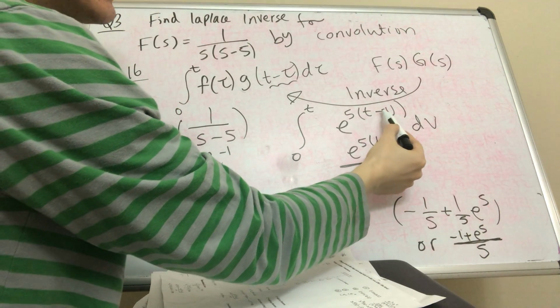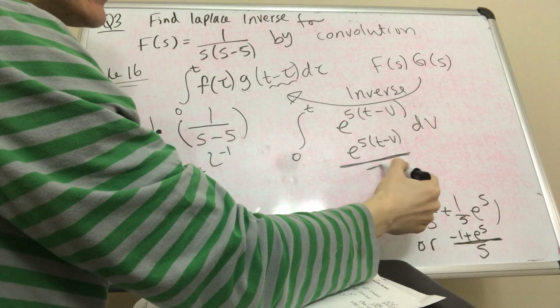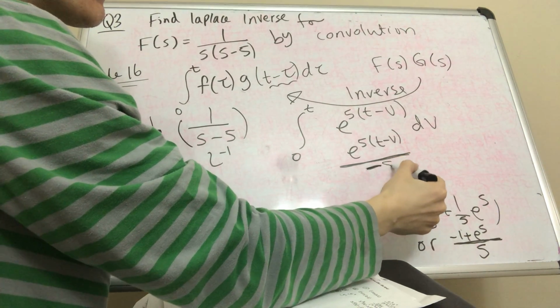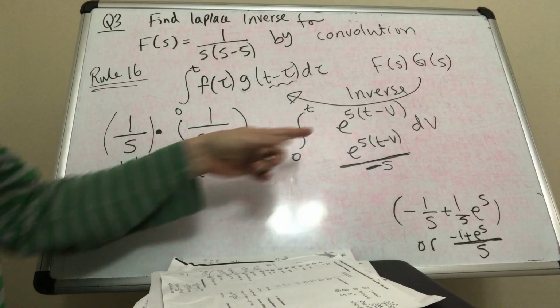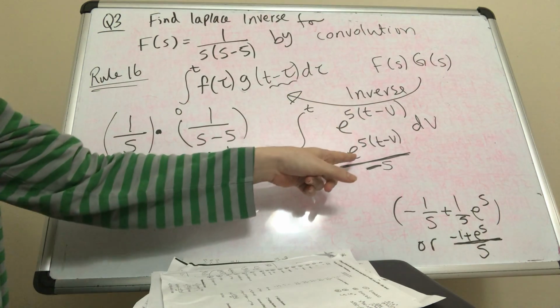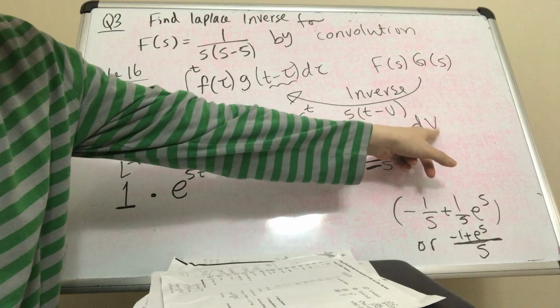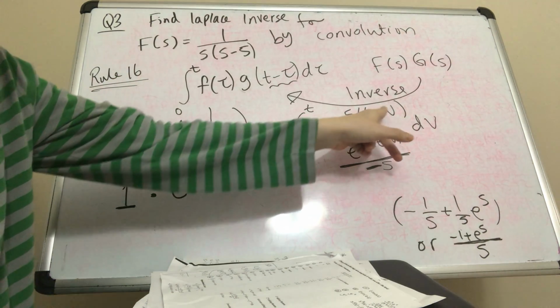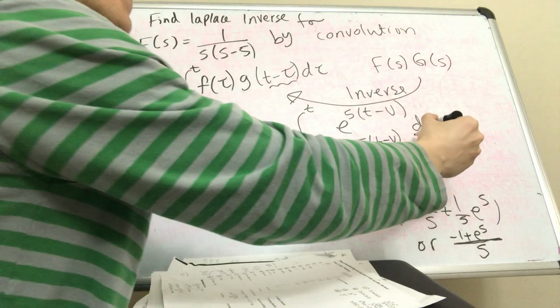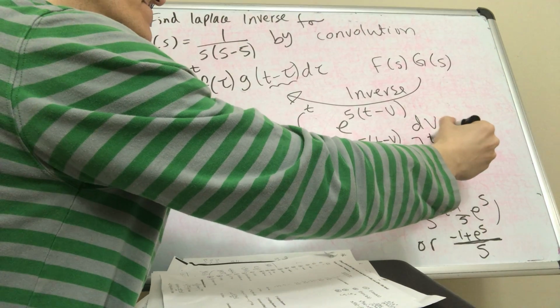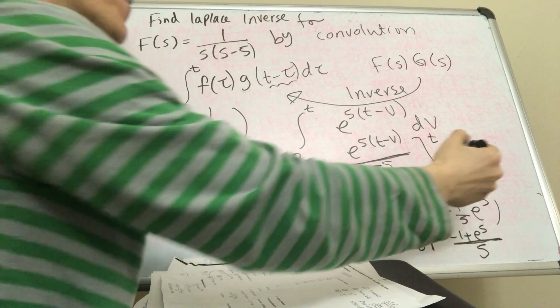And the multiplier in front of the v is negative 5. So the integral of e would be itself over the multiplier in front of the variable, which is negative 5. Now you plug in t, you plug in 0.